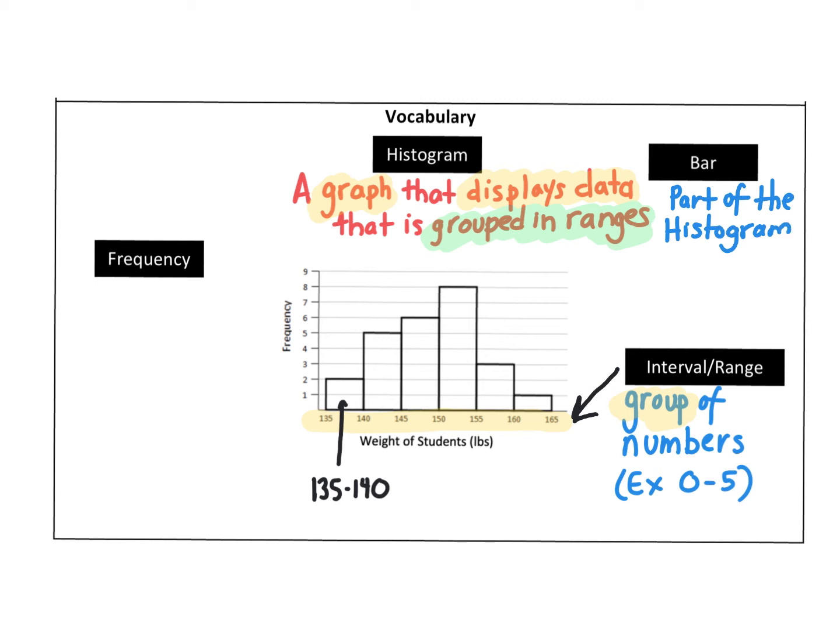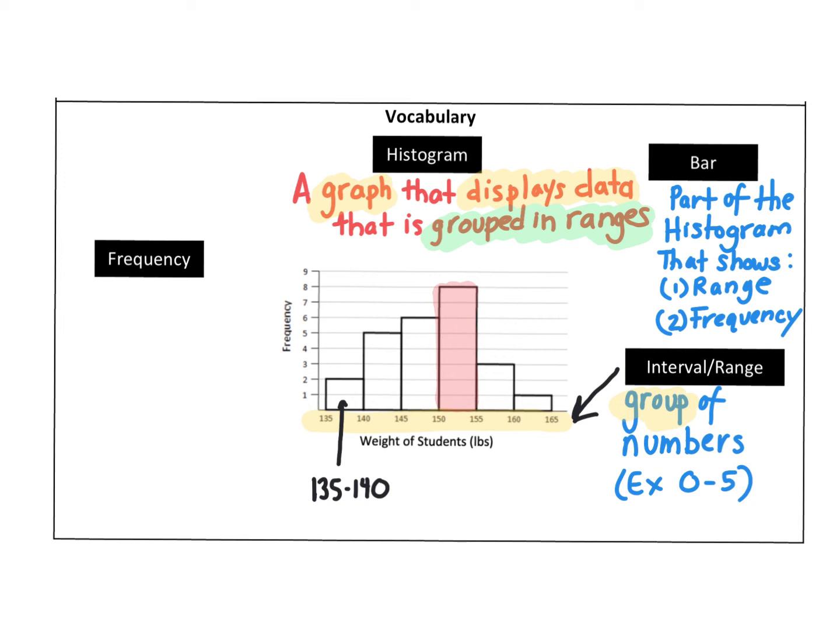A bar is a part of the histogram that shows two things: the range, just like what we talked about on the bottom, and on the side, the frequency. I'll show you what I'm talking about. I'm going to get a yellow highlighter, so you might want to get the same. And I'm going to get a red highlighter. Okay, I'm going to highlight this middle bar right here. See this right here?